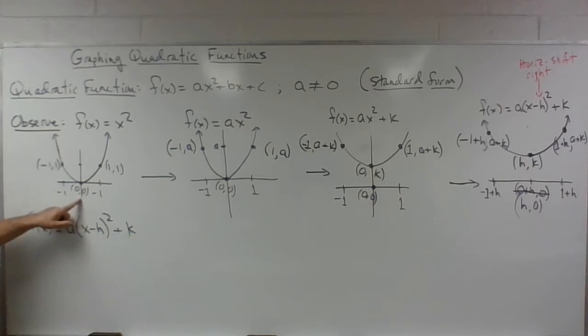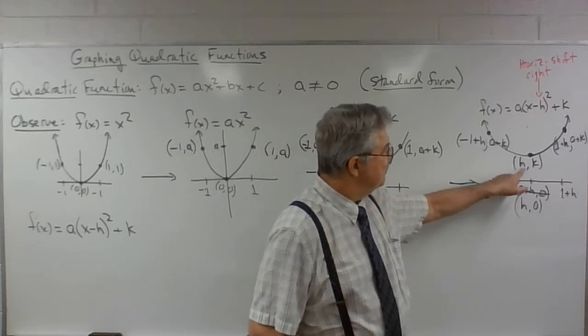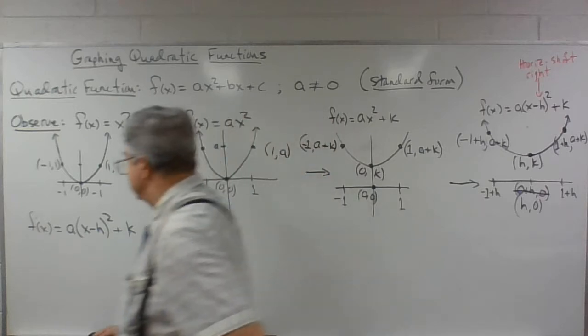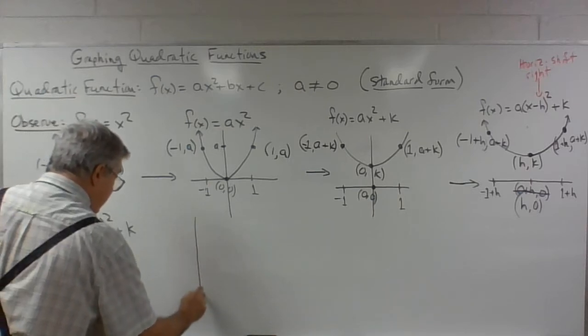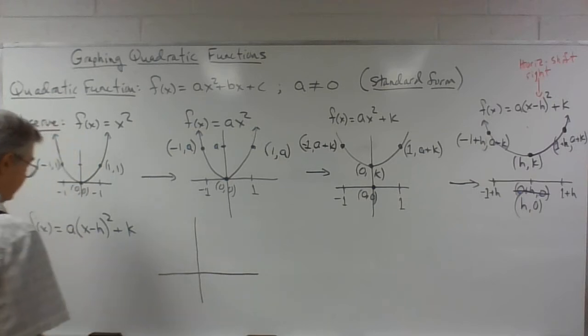So this point in particular, 0, 0, is going to be shifted to the right h units, and it's going to be shifted up k units. And this is what we're going to get for a graph.